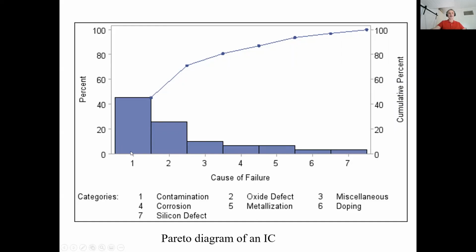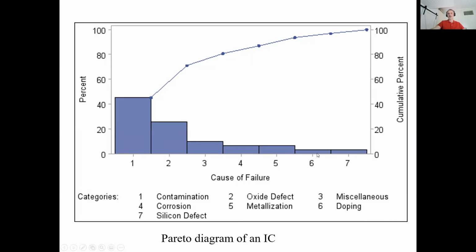So here, the first is contamination. Second is the oxide defect, meaning that you have insulating. If it's a transistor, then the gate oxide has some defect. Something else, so this is more the other failures. 3, 4 is corrosion, meaning that you have some processes which cause electrochemical problems. 5 is metallization problem, so your sputtering or evaporation or whatever is not in control.